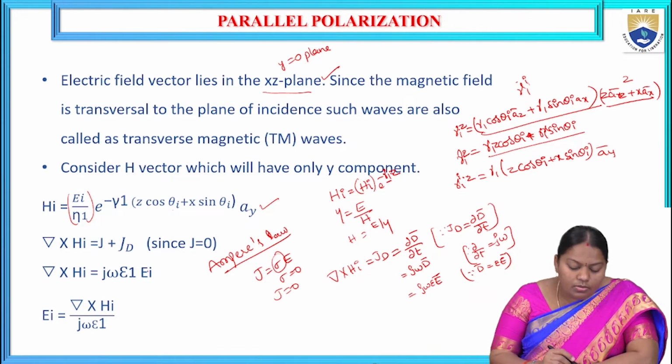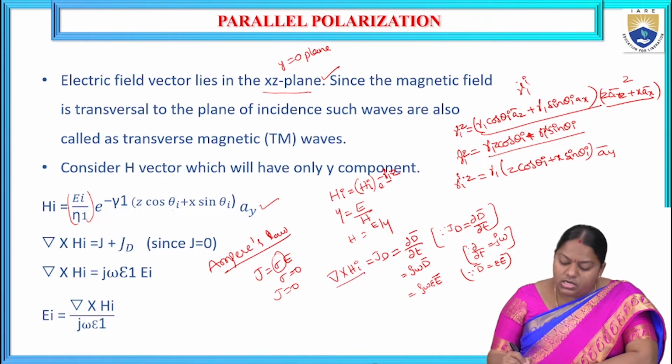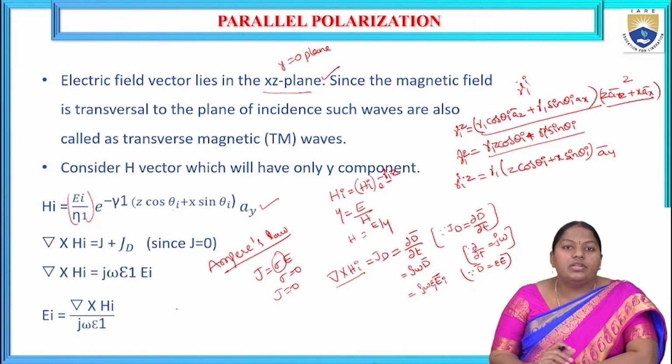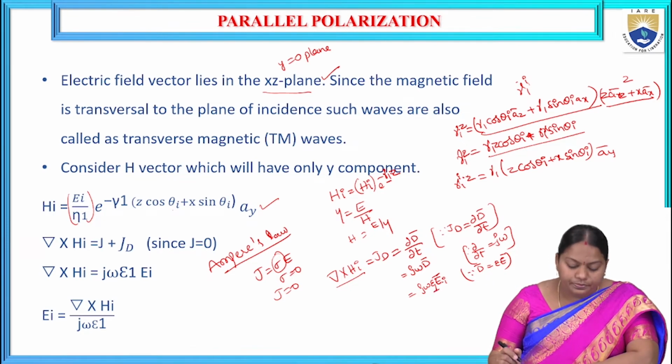Now from that, we write del cross Hi equal to j omega epsilon 1 into Ei. Epsilon 1 is for medium 1, because we are writing the incident wave field strength, where the incident wave exists in medium 1. That's why the permittivity is also replaced by epsilon 1.